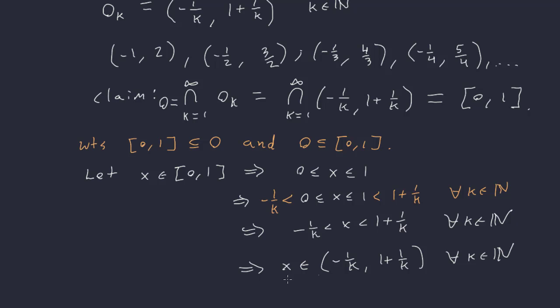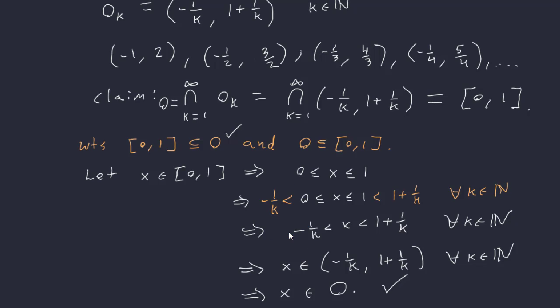So if x is in 0 to 1, then x is in this open interval for every single k. That means it's in the intersection of all of them. In other words, that means it's in O. Okay, so there's our first step taken care of. All right.